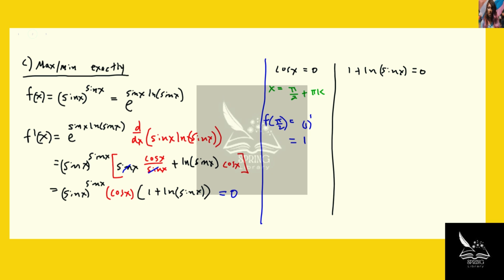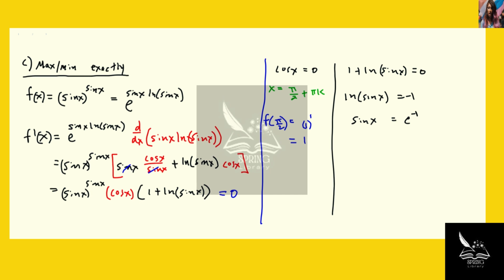And doing that will give us, so first subtract the 1 over, get natural log of sine of x is equal to -1. Exponentiate each side, giving us sine of x is equal to e to the -1. And then we would take arc sine of this.